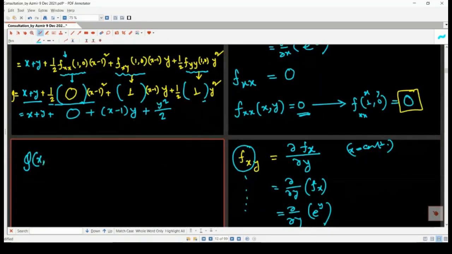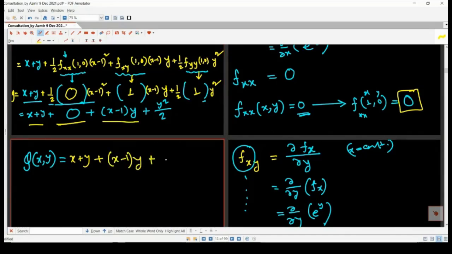Now we can simplify more. Q of x comma y equals x plus y. We don't need to write 0 again. I am going to write directly x minus 1y plus y squared by 2. Since we have Q here and this part is L, so L plus something, you can understand that we have already y power 2.